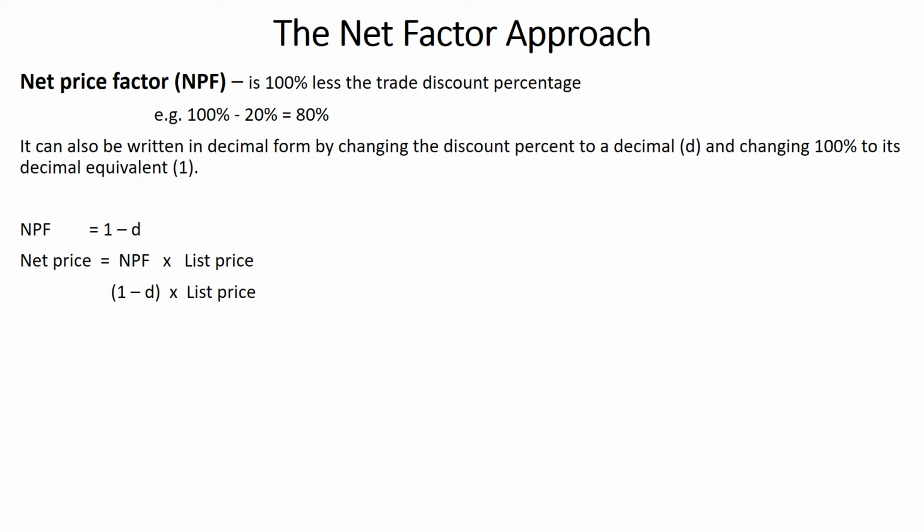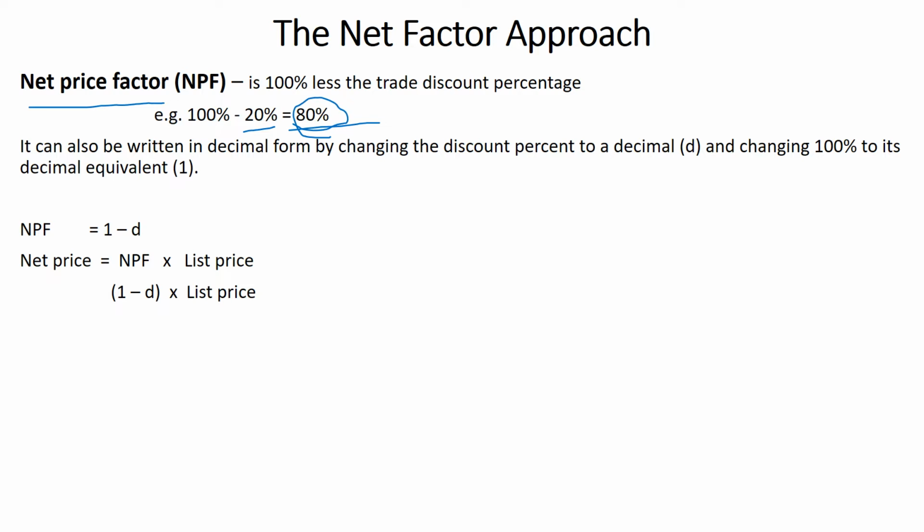Another way of calculating the net price is the net price factor. When you are getting 20% discount, that means you are paying 80%. So the net price you are paying is 80% of the list price. This is also calculated using the decimal.